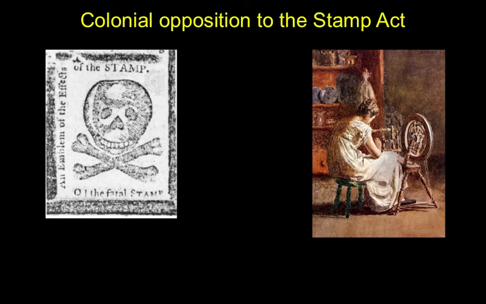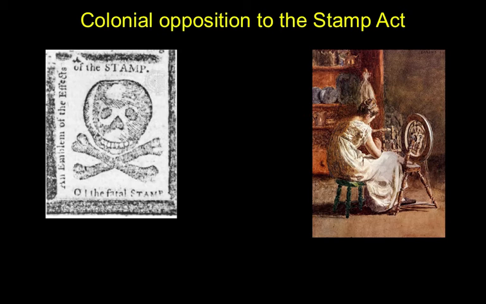This protest method of non-consumption would also be applied, often by groups of women, to other goods, such as British textiles. Patriot women, those who adhered to the cause of American freedom, proudly spun their own cloth, which became known as homespun, rather than purchase British taxed textiles.